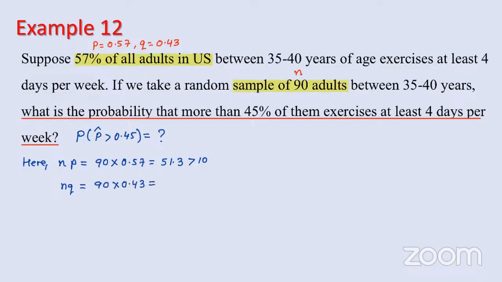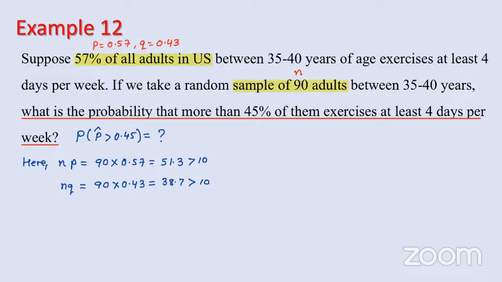Also multiply this in your calculator. It should be 38.7. And you can see that this is also greater than 10. So the conditions are true. And you know that if these two values are greater than 10, the sampling distribution of proportion is normal. That is what we know from our central limit theorem.